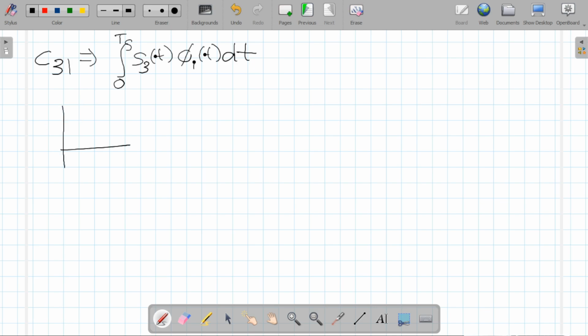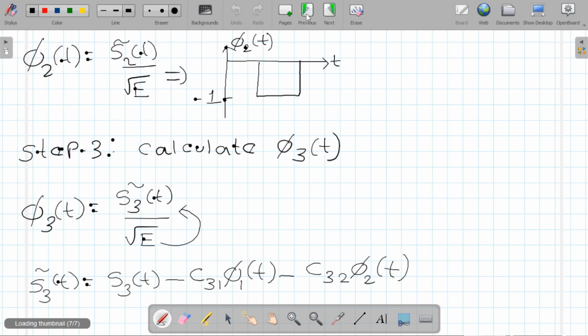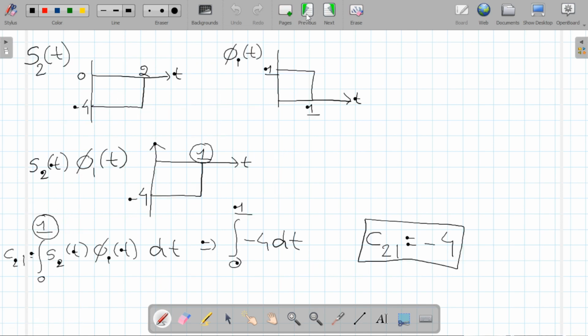This is S3. It varies from 0 to 3 on the time axis. On the amplitude, it is 3. Now it is S3 of t, and this is what we get as phi 1 of t. Here we can see the amplitude is 1 to 1, it is phi 1 of t.